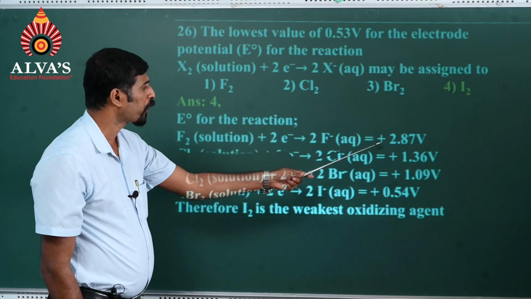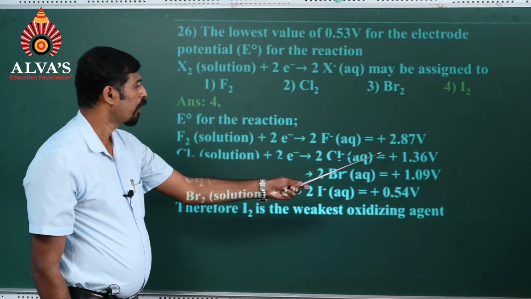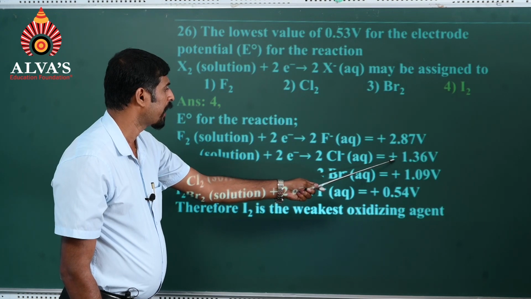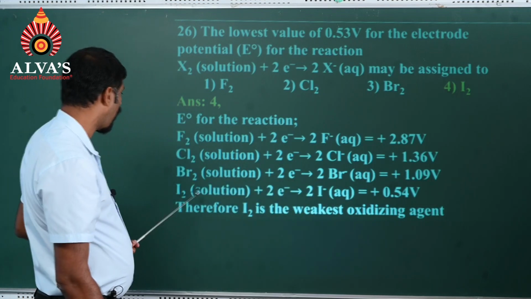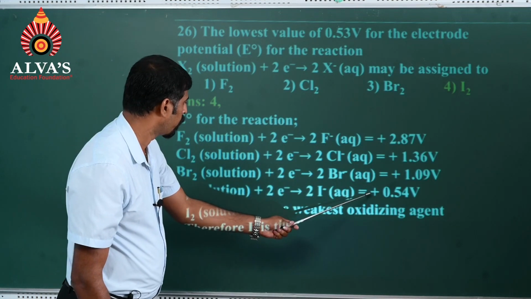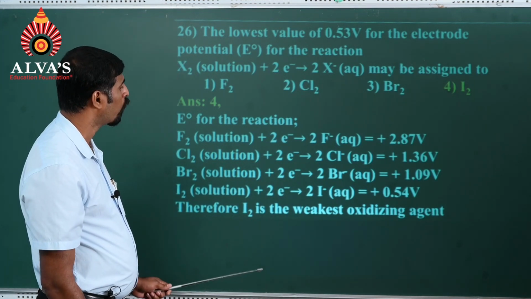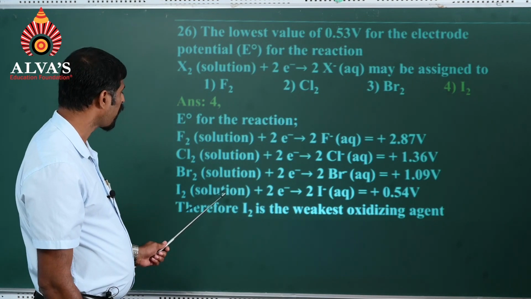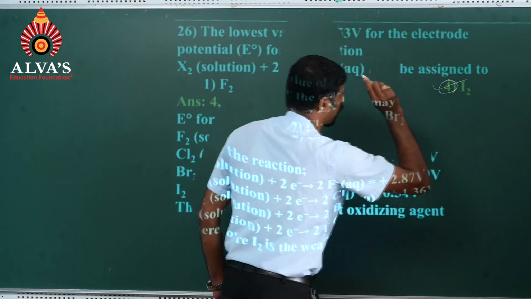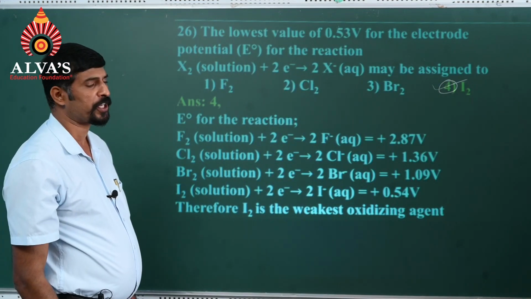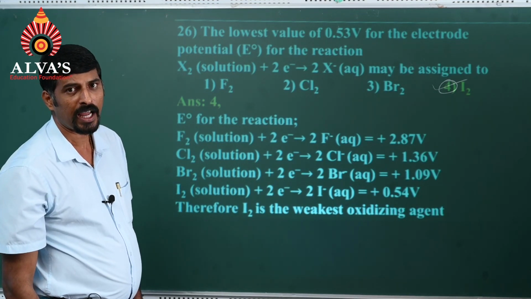Because its electrode potential value is plus 2.87 volt. Chlorine's electrode potential value is 1.36 volt. Bromine is 1.09 volt. Iodine is plus 0.54 volt. Therefore, the lowest value 0.53 is for iodine. Hence, option 4 is the right answer. Because of its lowest electrode potential value, it is the weakest oxidizing agent among the halogens.